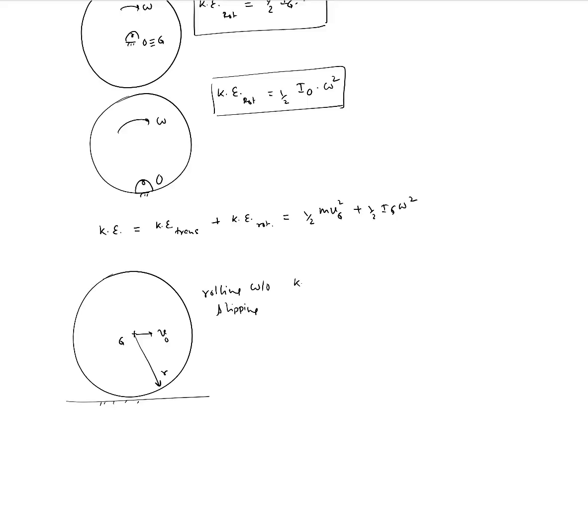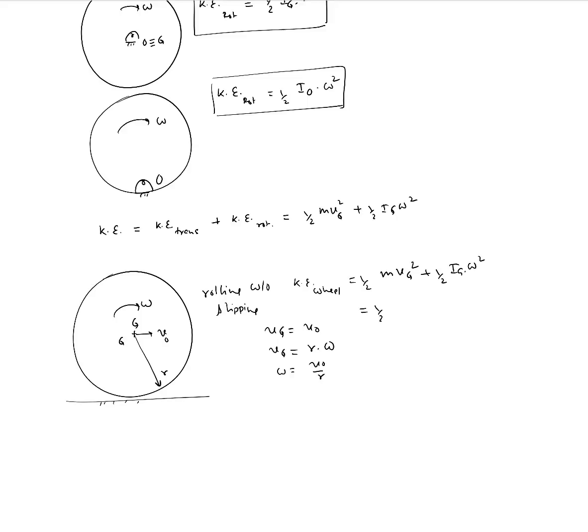Now, kinetic energy of this wheel is equal to 1/2 m times velocity of center of mass squared plus 1/2 Ig omega squared. Okay, so we know that velocity of center of mass is the same as velocity of O, because that's the center of mass that's given to us. And we also know that Vg is equal to r times omega, right? The angular speed. If it is rolling without slipping, we have seen this relationship to be true. So that gives us omega equal to V0 over r.